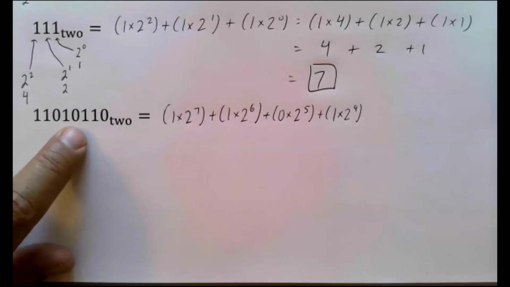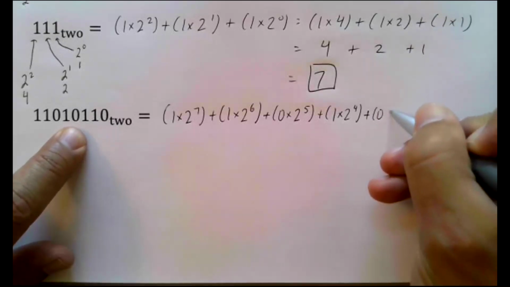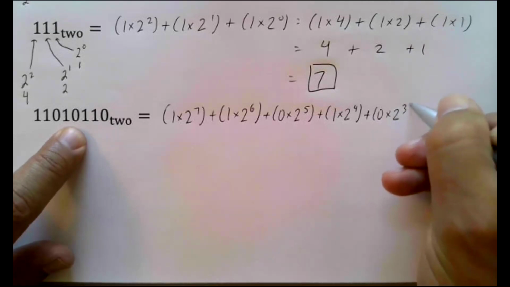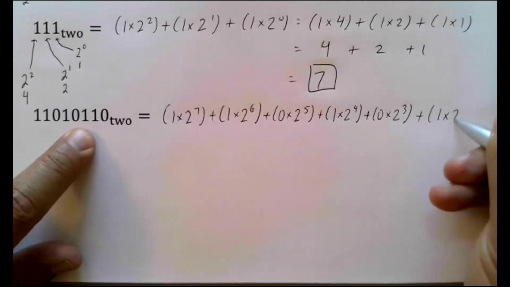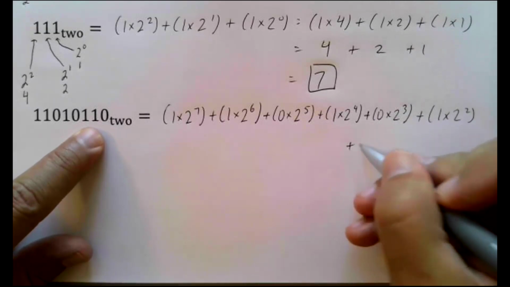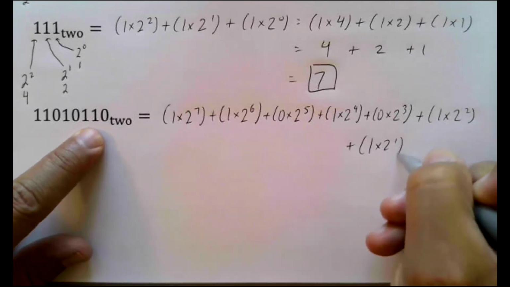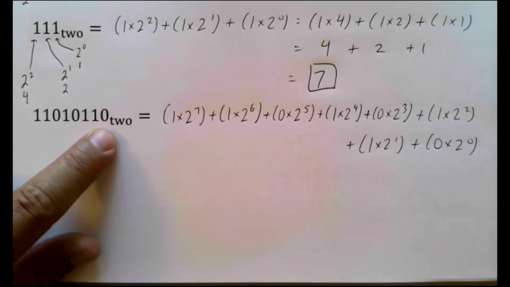I have 0 sets of 2 to the 3rd. I have 1 set of 2 to the 2nd. I have 1 set of 2 to the 1st. And then finally, I have 0 sets of 2 to the 0.